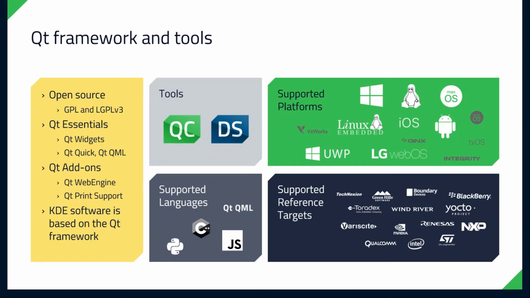You can use Qt's IDE, Qt Creator, to write C++ code, and its design tool Qt Design Studio to create UIs based on QML and Qt Quick. People who developed KDE software before are probably already familiar with the Qt framework.